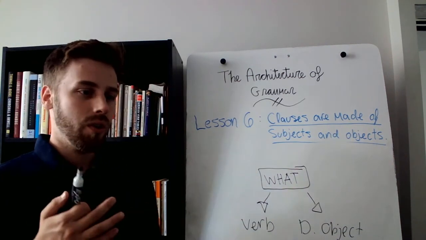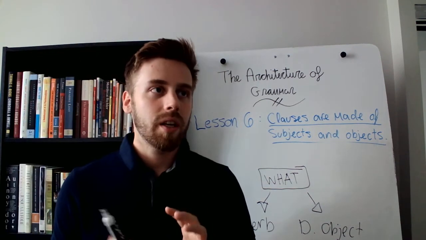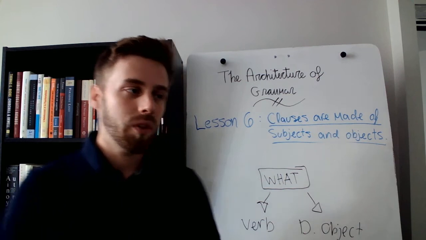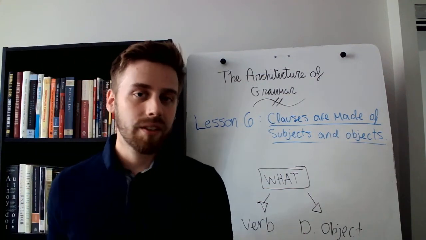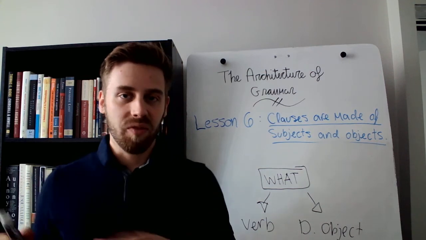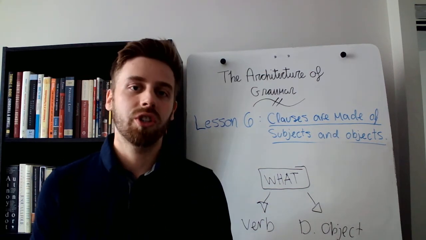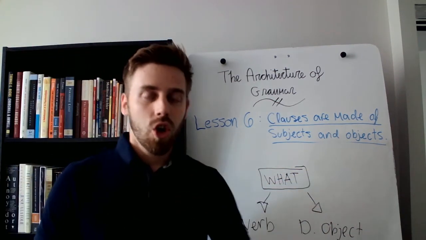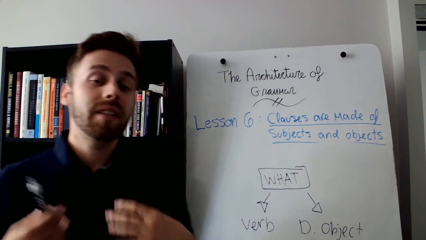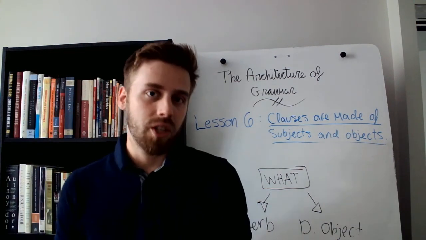That's why the what is a little bit more complicated as an information block. A lot of the other information blocks are just one word role. As we go through these other lessons, we're going to see that we're dealing with phrases, and phrases are groups of words that convey meaning. So your who or your what or your to whom could be a phrase, and so it would be multiple parts of speech.